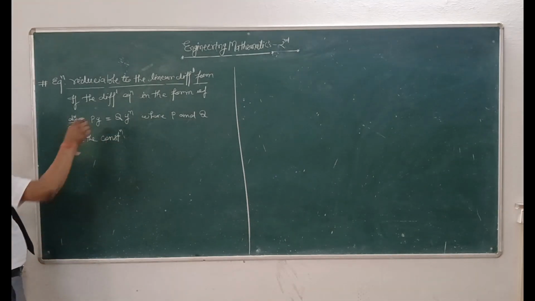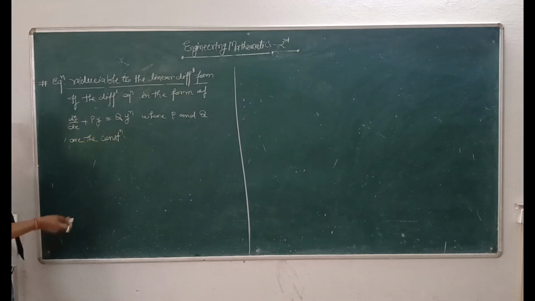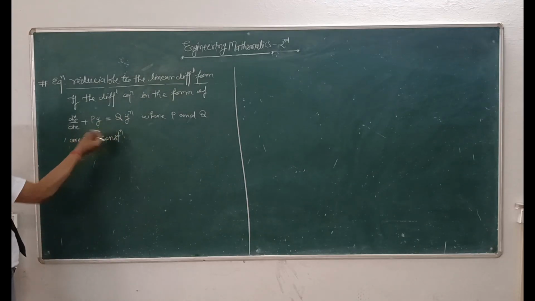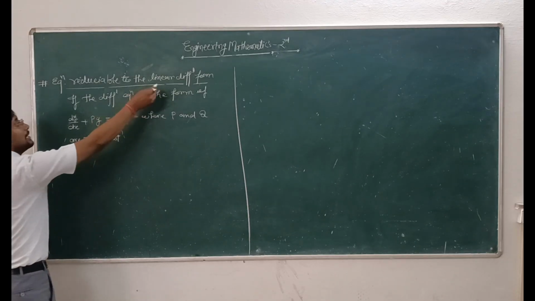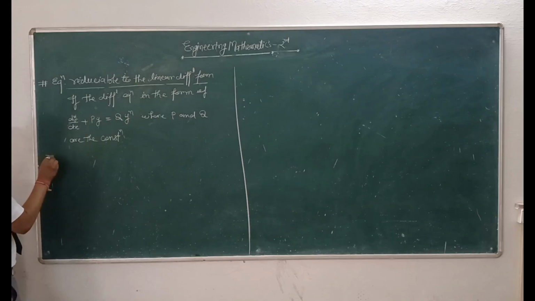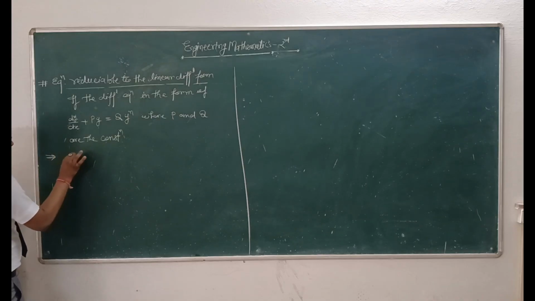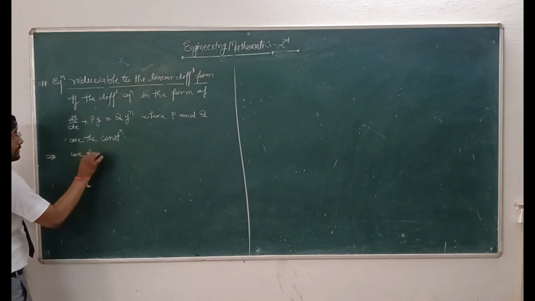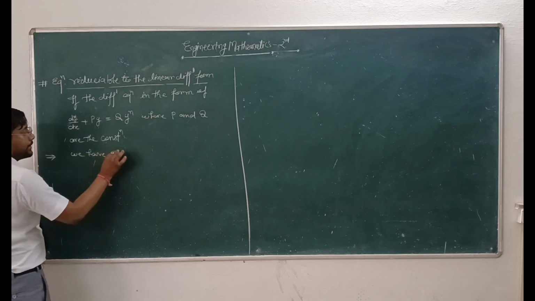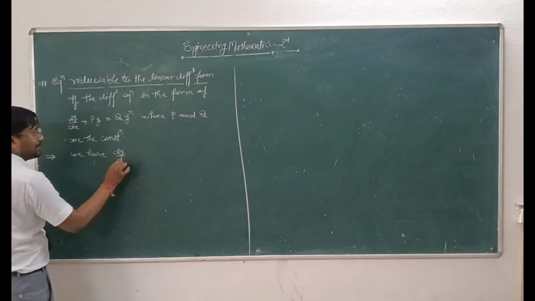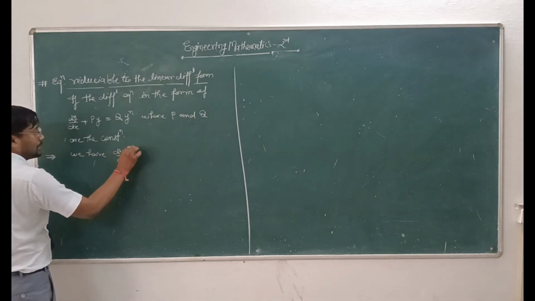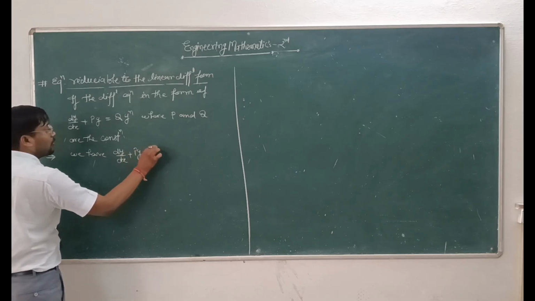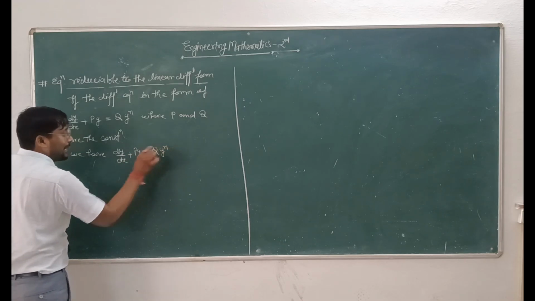Now you can reduce this differential equation to the homogeneous form or a linear differential equation. First, you can write we have dy/dx + Py = Q y to the power n.